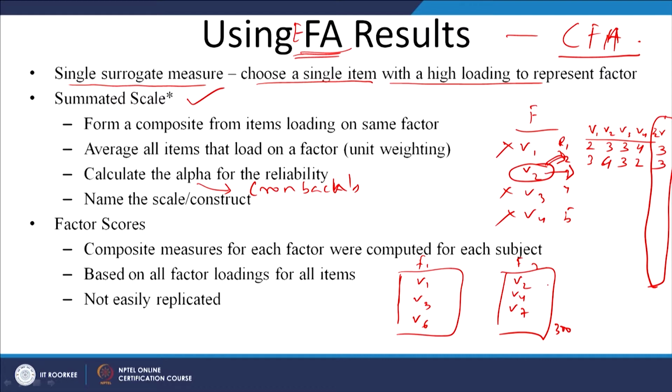Similarly, the variables within this factor should be strongly correlated among themselves, but should they be related to each other? No. That is why most of the time we say that we need an orthogonal rotation, because we feel that the factors are uncorrelated to each other. But within a factor there has to be a strong correlation.